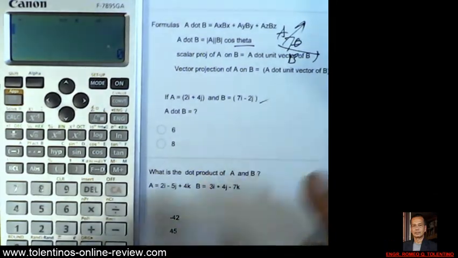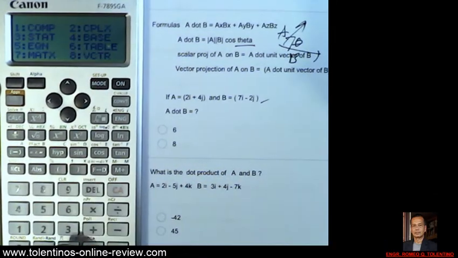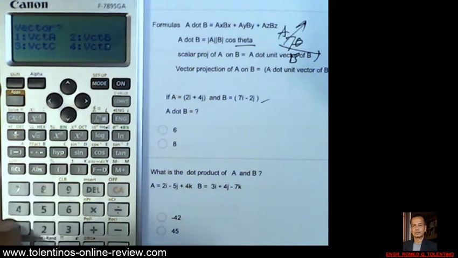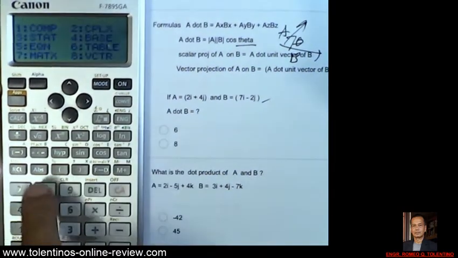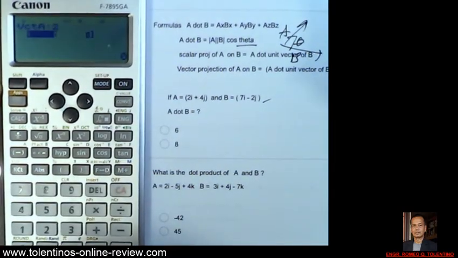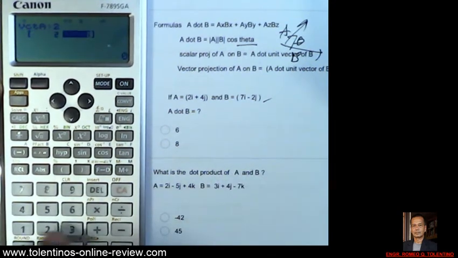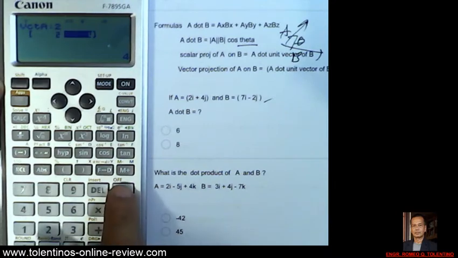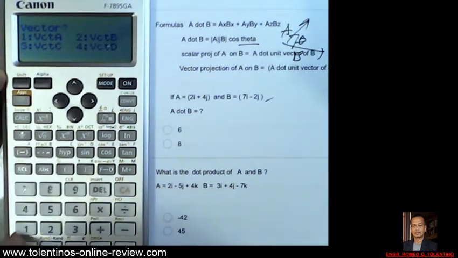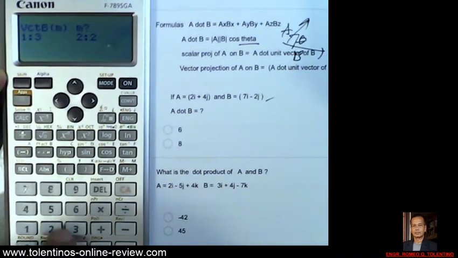Ano yung dot product nito? Again, punta ka sa mode 8.1. Okay, mode 8.1. 2-dimensional lang siya. Input mo yung 2 saka 4. And then, shift apps, dimension mo yung vector B. 2 dimension.